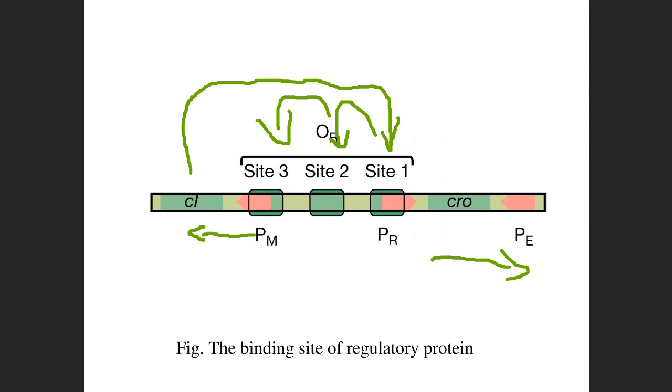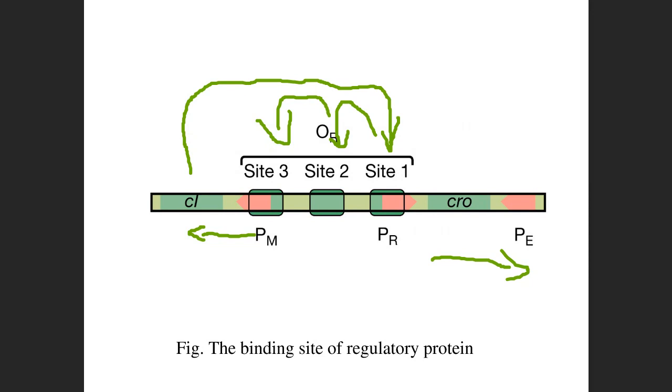Now if the translation is slow and this protein is made very slowly, then this promoter doesn't get blocked, and then you go lyse. This is how the virus can actually smell the host, whether it's a healthy bacteria or not.